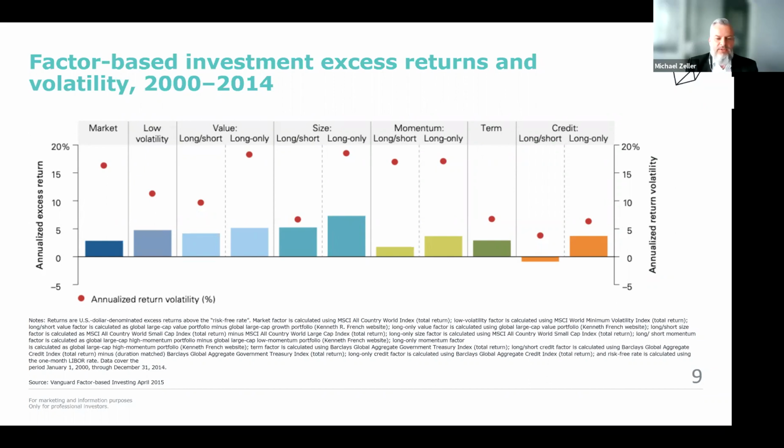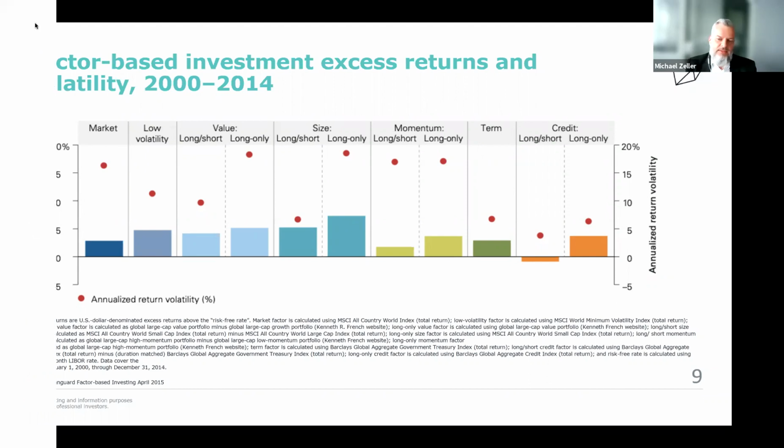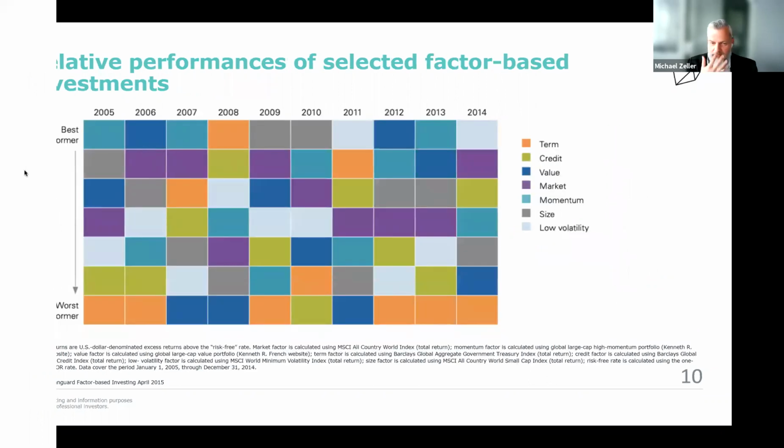And what you see is that the bars are usually much lower than the analyzed volatilities. So that means that the Sharpe ratio is usually below 1, of course. But nevertheless, usually the Sharpe ratios coming from these factors are, let's say, between 0.1 and 0.4, something like that.